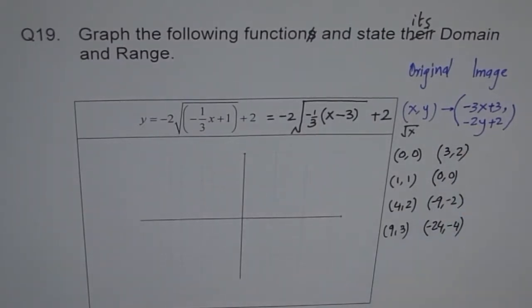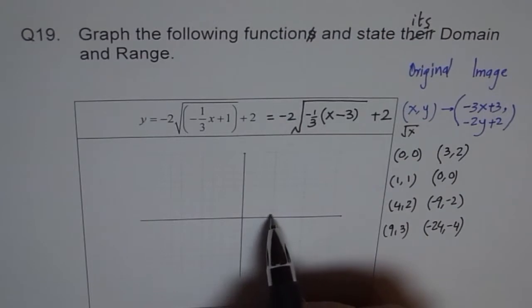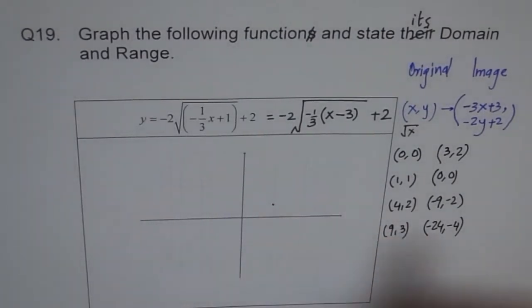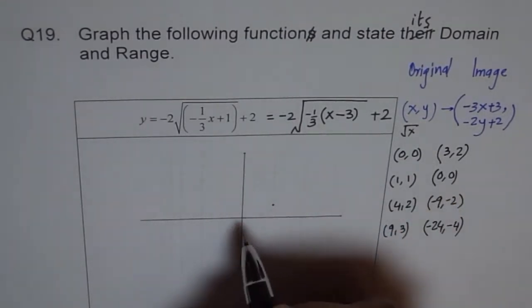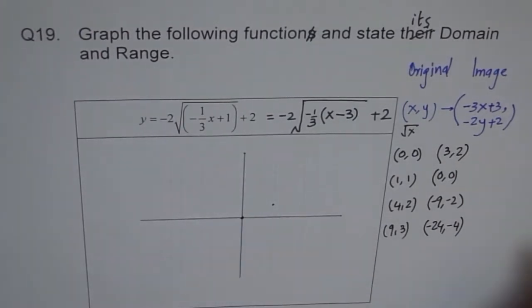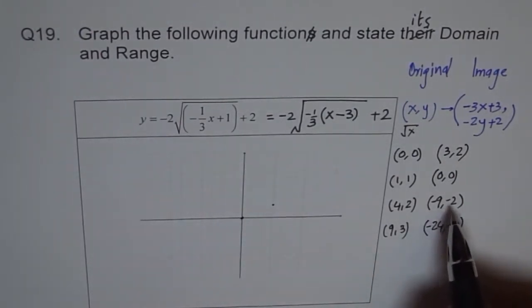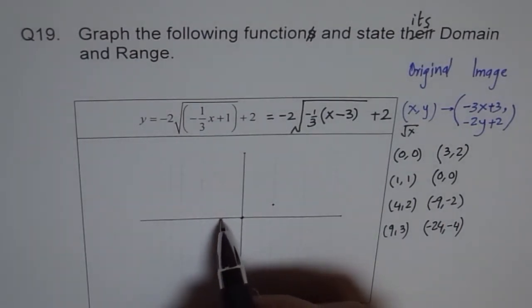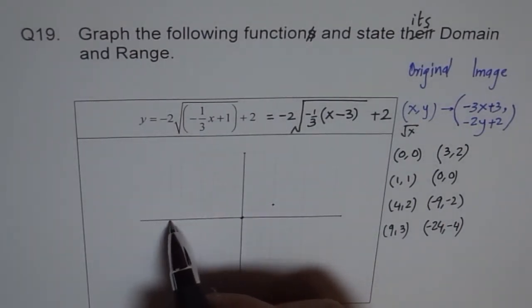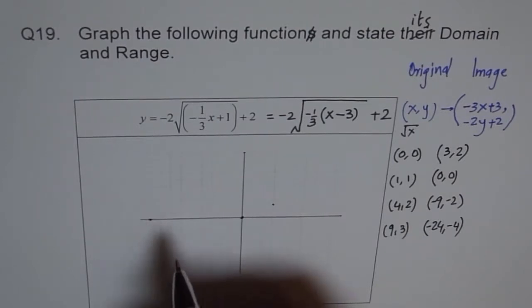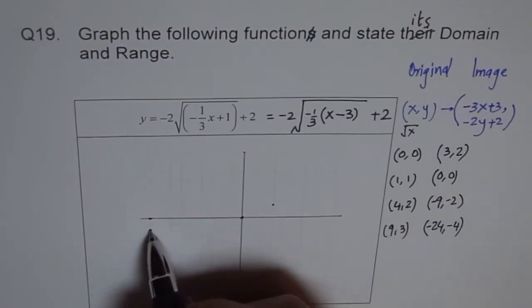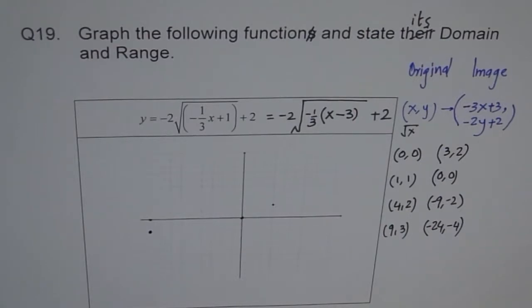So these are my new points. You can always plot these points on the graph. For 3, 2, you go 1, 2, 3 across and 1, 2 up, and you get this point. Then you come to 0, 0. Then minus 9, minus 2, so you count 1, 2, 3, 4, 5, 6, 7, 8, 9 and minus 2, and that's your point. Minus 24 you can't plot, so these are enough.